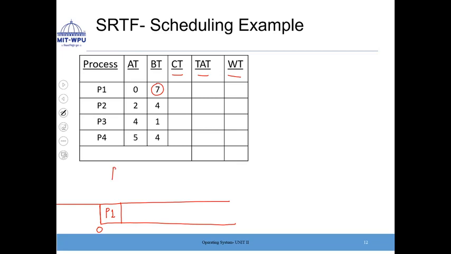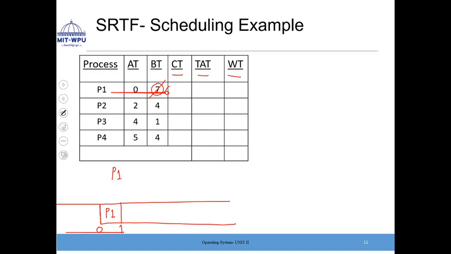So let us bring P1 into the queue because P1 has arrived at 0. We will give only 1 unit of time for this process to execute. So we have given 1 unit of time to P1, and the burst time remaining for P1 is 6.